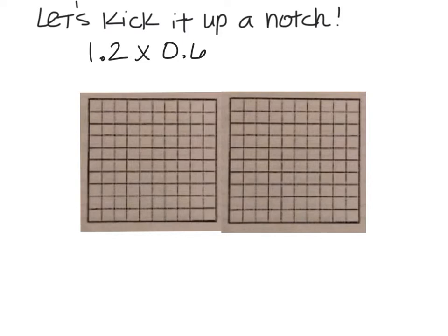Just talk about what you think the product will look like, and what the area of the overlapped area will look like, what the product might be. So just go ahead and pause it right now and talk about that for just a couple minutes with the partner, and then she can hit play again in a minute.